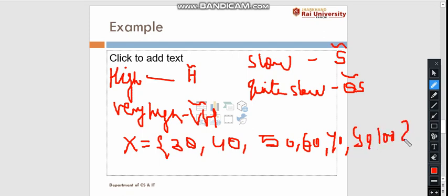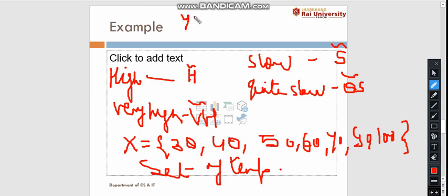So these are the values for x. And x is the set of temperature, whose values range from 30 to 100. And temperature has 2 linguistic terms. The first one is high and very high.